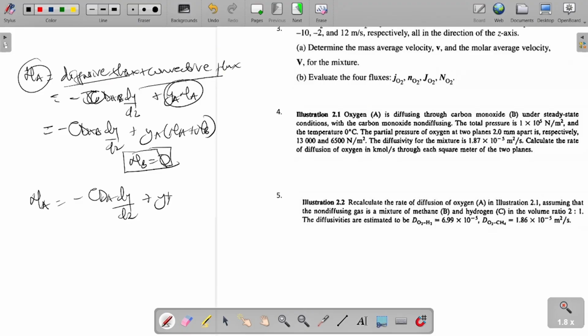Right, so we have y_A N_A, right? So I have to make N_A the subject. So I have one N_A over here. If I bring it over here, I have this D_AB, dy, dz. So factorizing N_A out, I'll be having this.